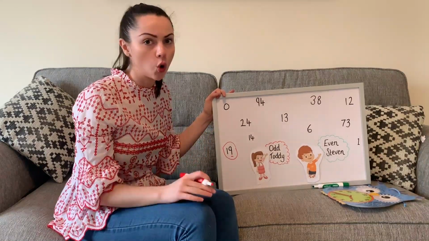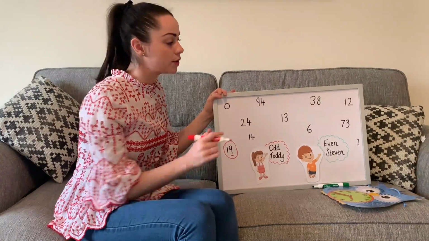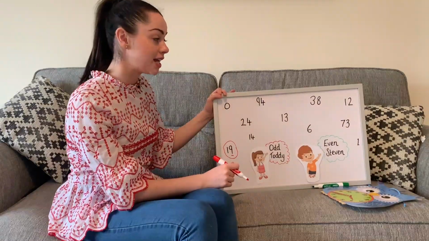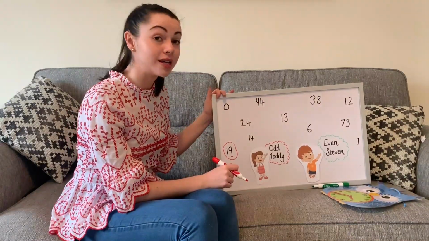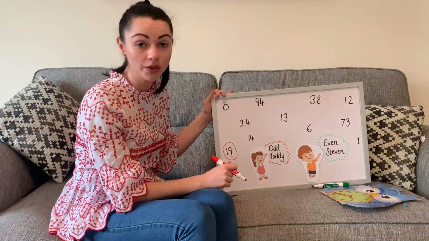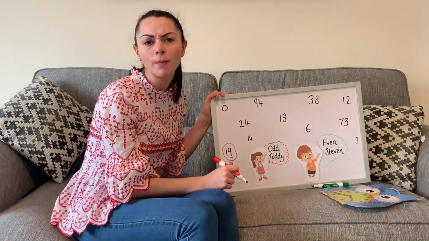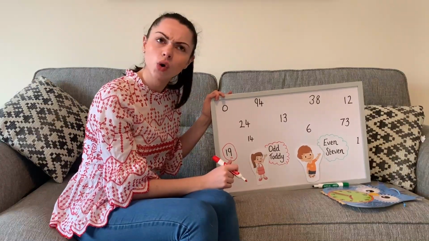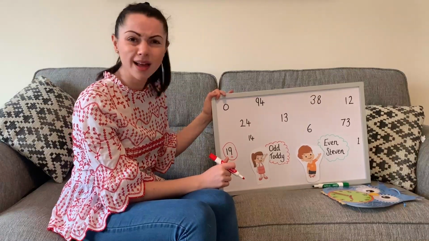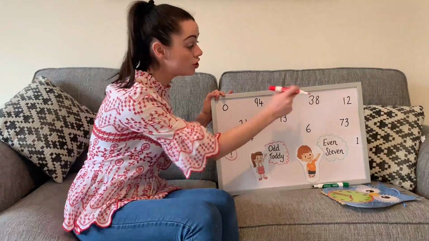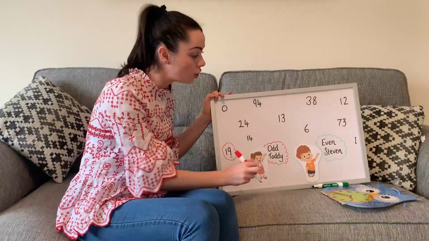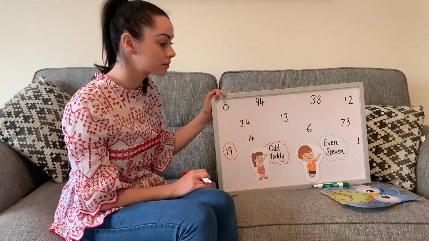Talk to whoever's at home about how that number is made up. So for example, the number 38 is made up of 3 tens and 8 ones. Is the number 8 even or odd? Well, it's actually even, so 38 must belong to Even Stephen.